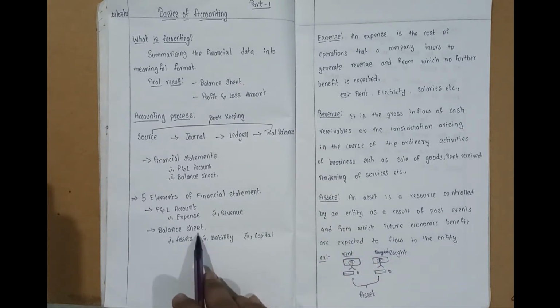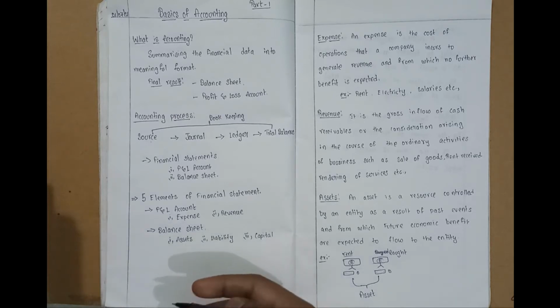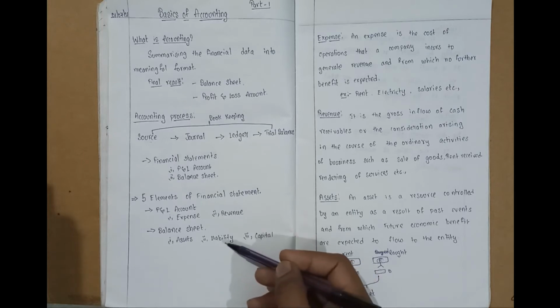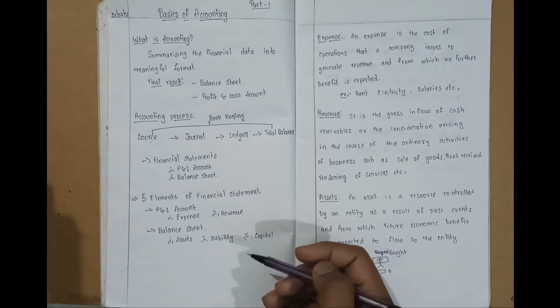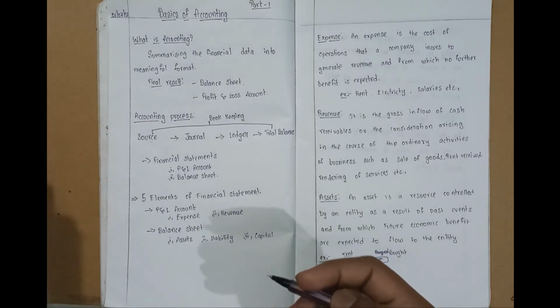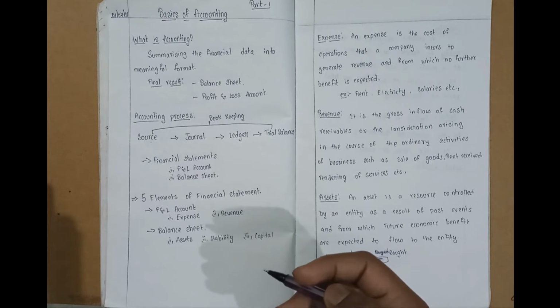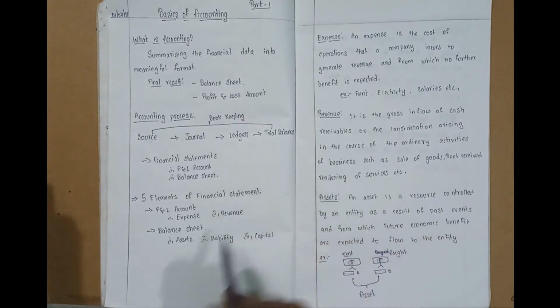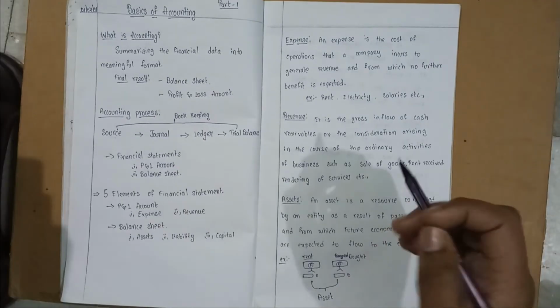And the balance sheet shows how many assets there are, how durable the assets are, and how many liabilities the company has, how much money they have to pay. The company should pay money to outsiders for taking rent of any machinery or land. They have to pay some money to the outsiders, so that is known as liability.